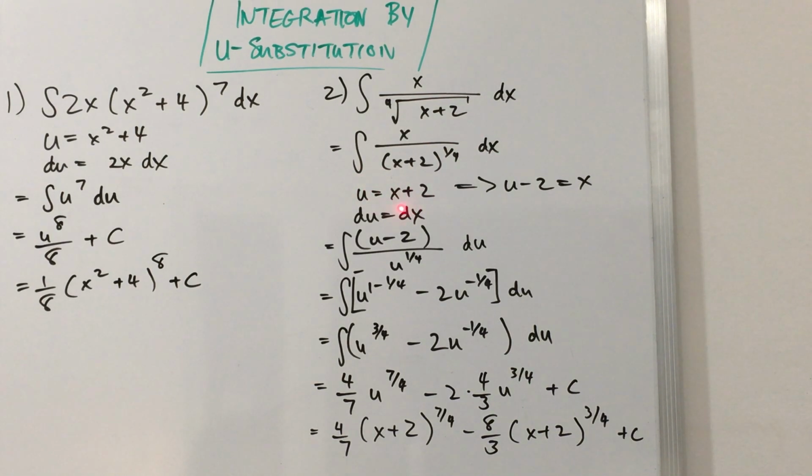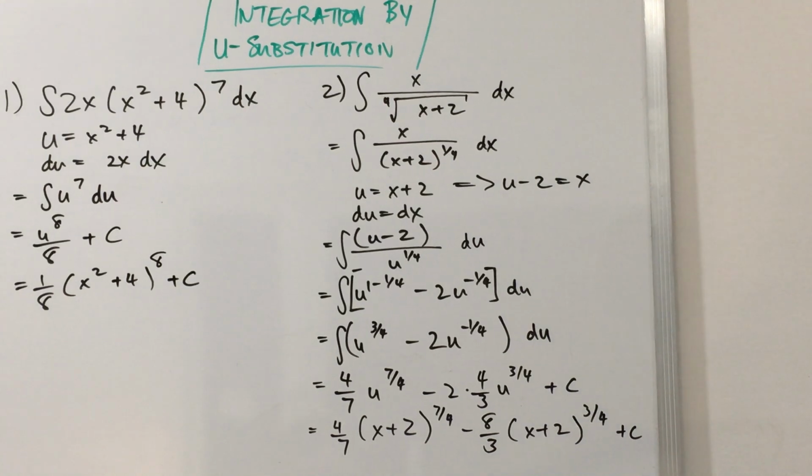So right here, we're going to let this part equal u. Just ignore this part for now, I'll get to why I wrote that after. So you let u equal x plus 2, and you substitute u for this x plus 2 part.